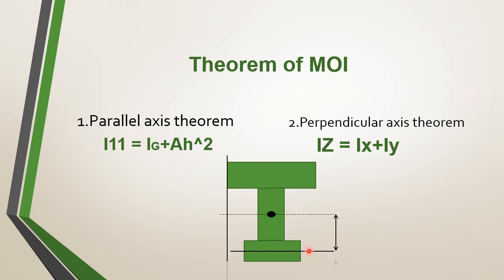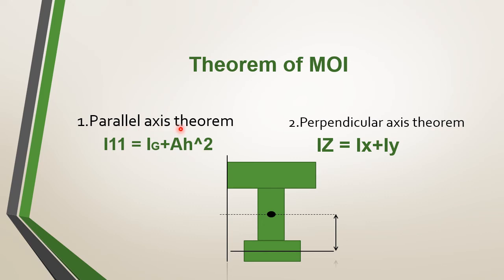Finding the moment of inertia about this reference axis is done by using the parallel axis theorem, and when the reference axis is perpendicular to the centroidal axis, then for finding the moment of inertia we use the perpendicular axis theorem.